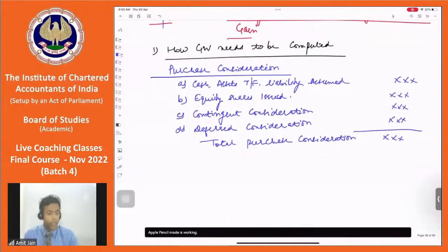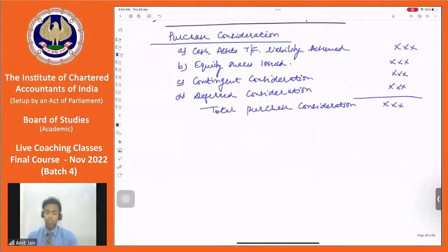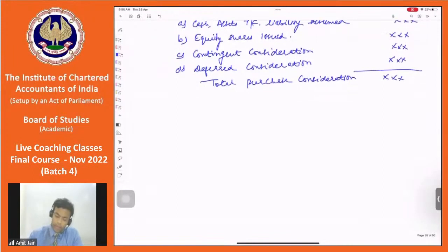Okay, Jay is saying, sir, we will also record NCI. Yes, absolutely correct. We will also recognize NCI. I will explain after this. Recognize NCI, right? Then we will say this is the purchase consideration minus net assets acquired, which is at fair value, right?